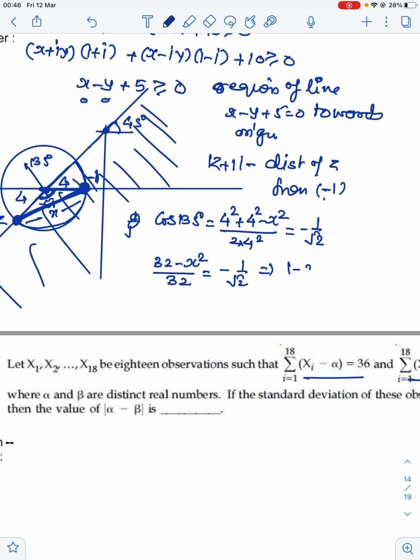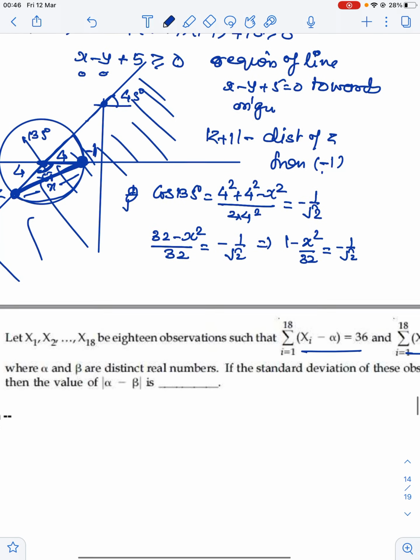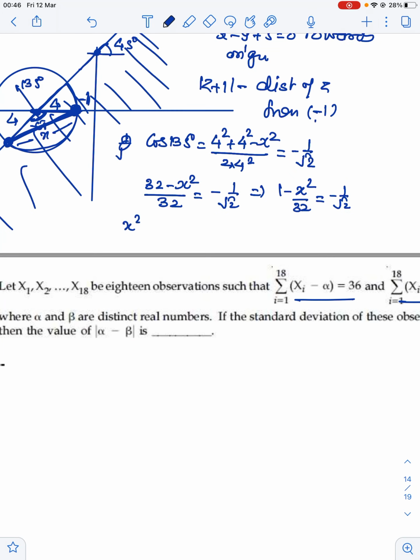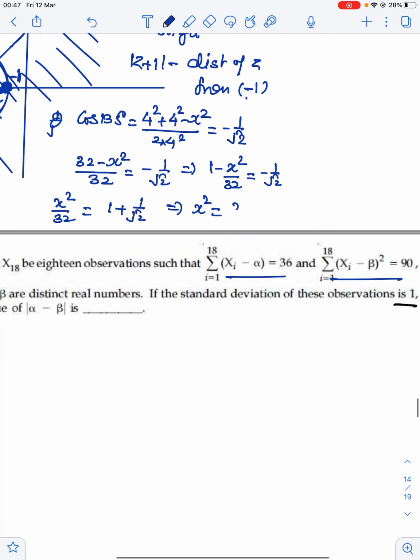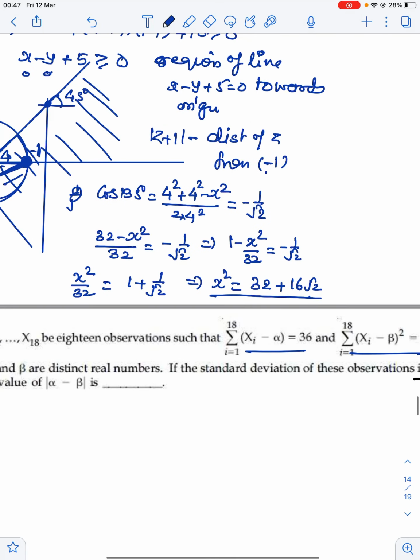So this gives us 1 minus x squared by 32 is equal to minus 1 by root 2. So x squared by 32 is 1 plus 1 by root 2. So this gives us x squared is equal to 32 plus 16 root 2.